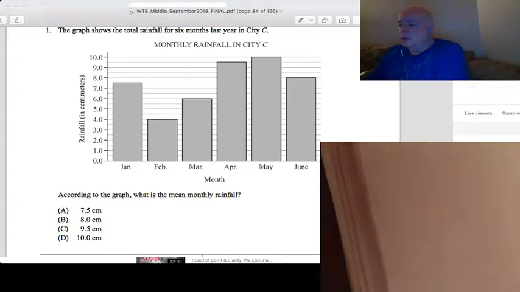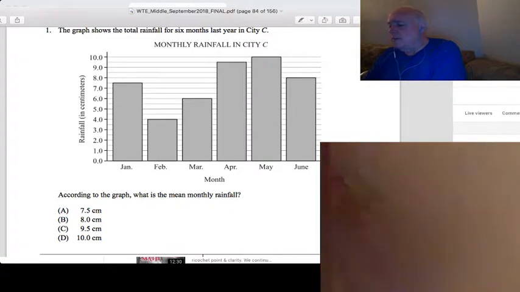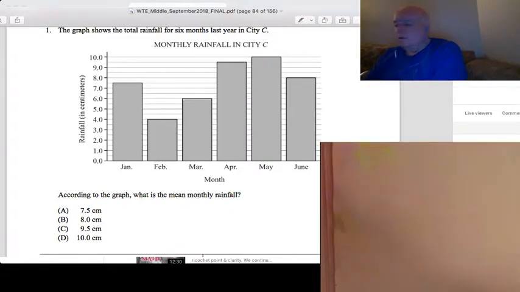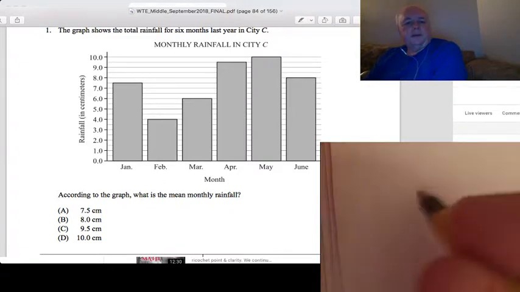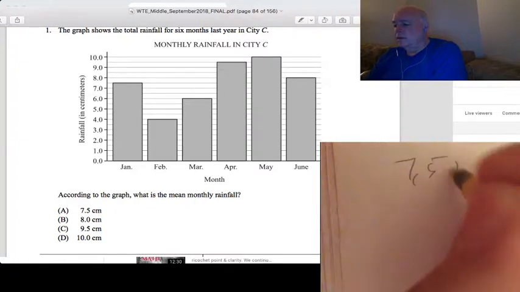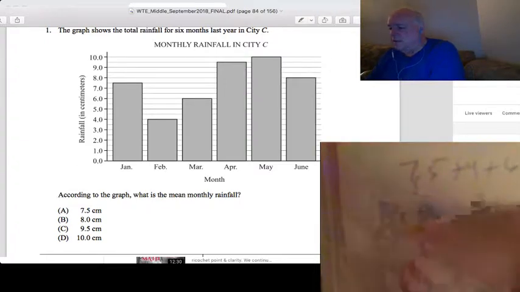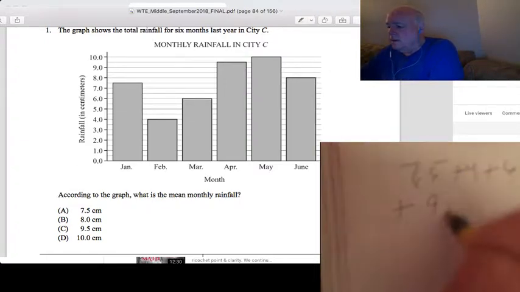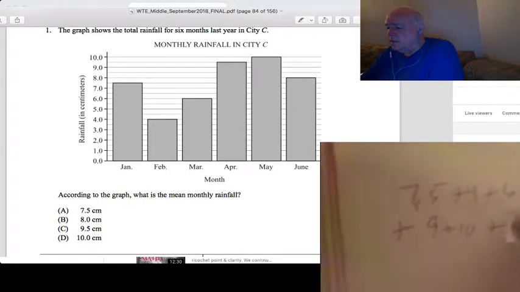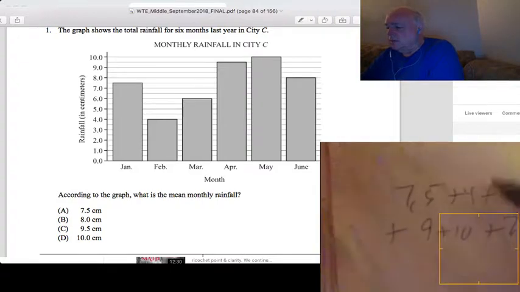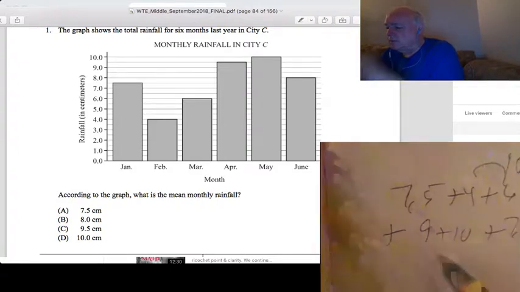What we have to do is get 7.5 plus 4 plus 6 plus 9 plus 10 plus, is that 7.5? Okay, so that's 10, that's 19, so these two would get us 29, and we have 15 with the 7.5.